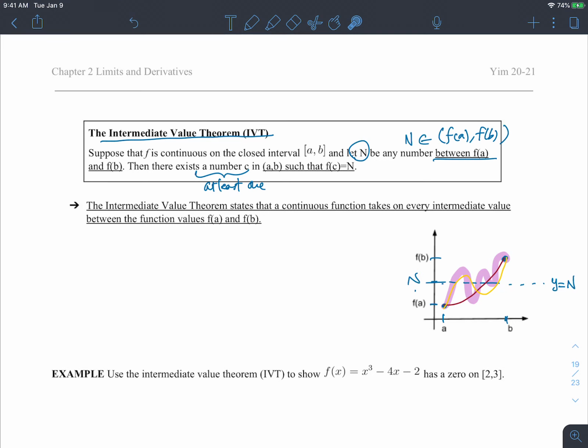Another way to say that is that the intermediate value theorem states that a continuous function takes on every intermediate value between f of a and f of b, in the open interval (a, b).